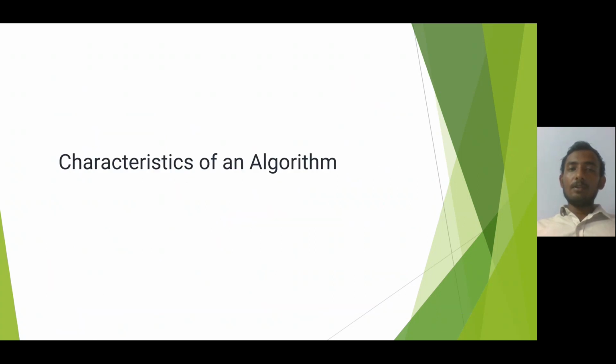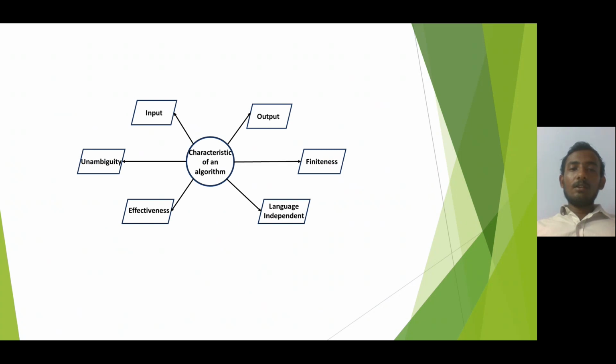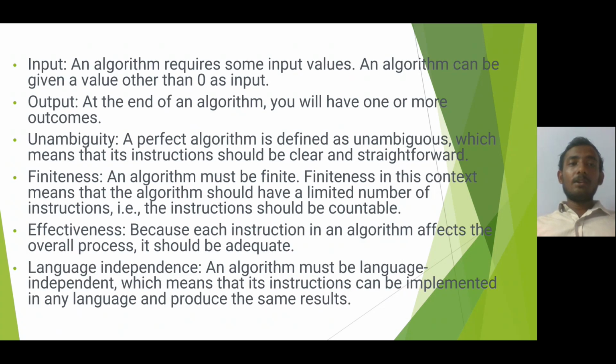Characteristics of an algorithm. The algorithm consists of mainly six characteristics: input, output, finiteness, language independent, effectiveness, and unambiguity. What is an input?